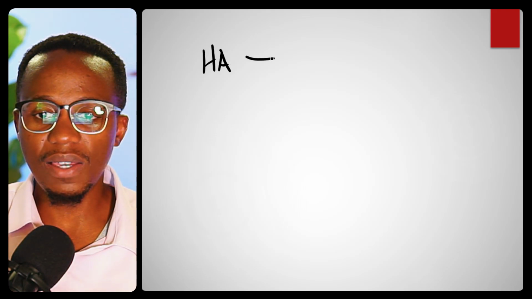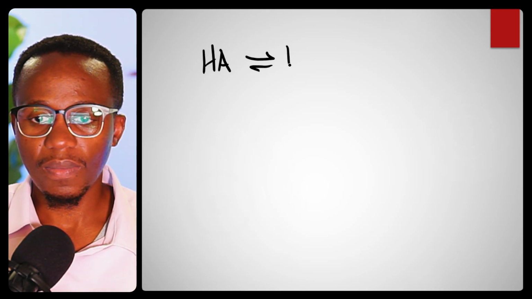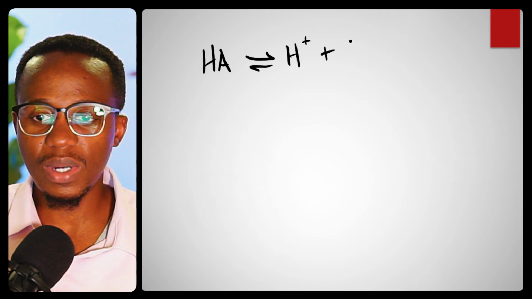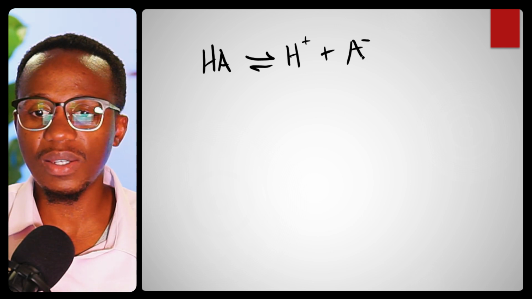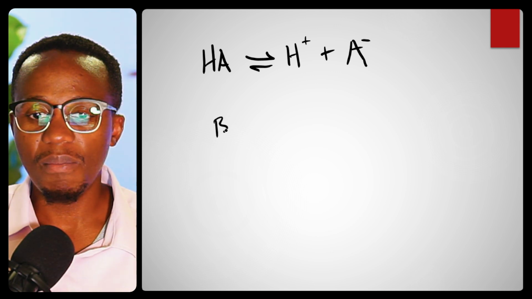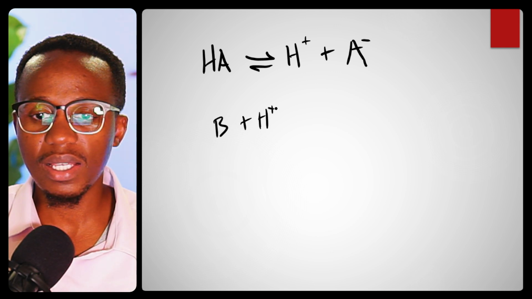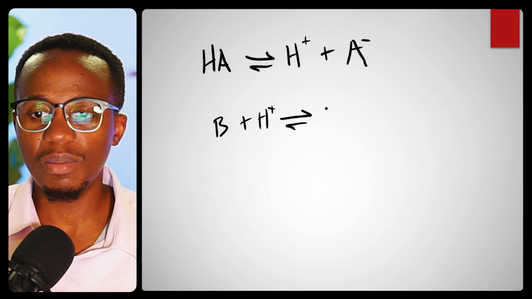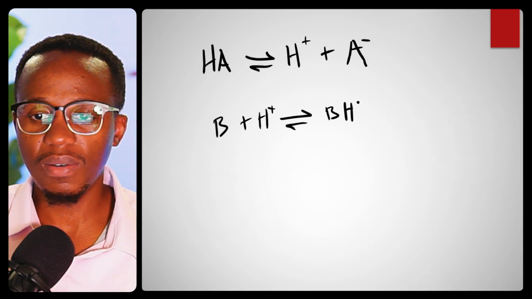Usually we say an acid is HA that gives me H plus plus A minus. This is a weak acid. A weak base is B that gets H plus, and then reversible BH plus.